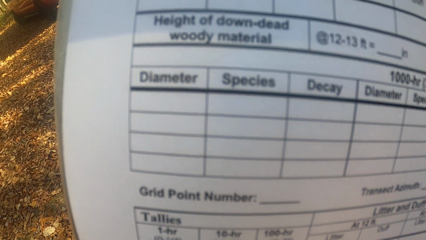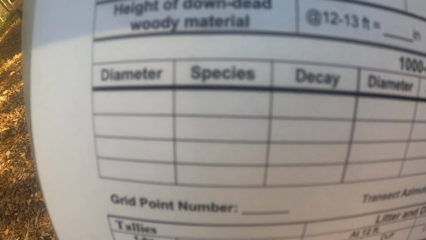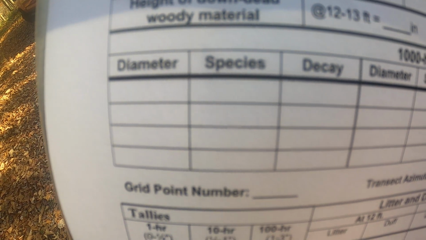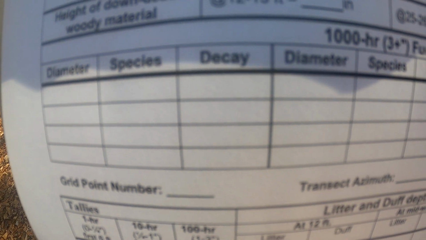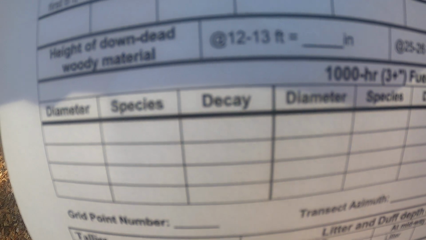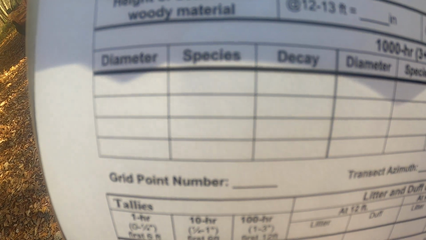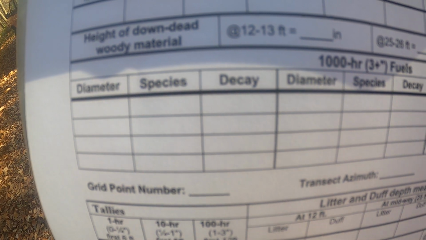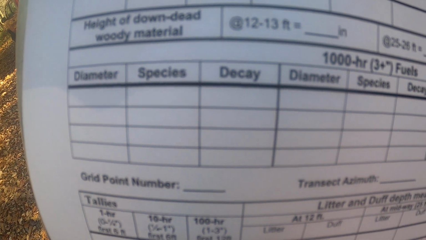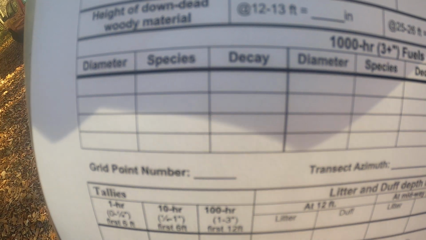And then for our 1,000 hours, we're going to record the diameter, the species. You can be as specific or as general with that. Typically I just do hardwood or softwood, and then a decay class. The decay class goes from 1 to 4, 1 being completely solid, freshly fallen, and 4 being completely rotten. What I typically do is I kick the 1,000 hour fuel.